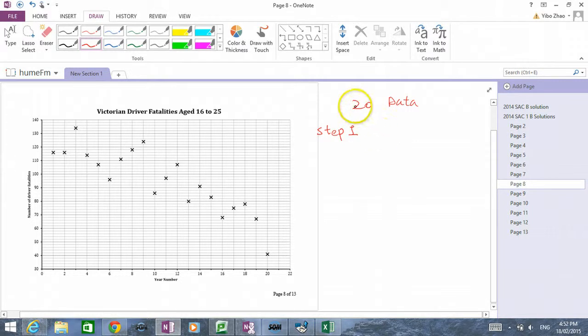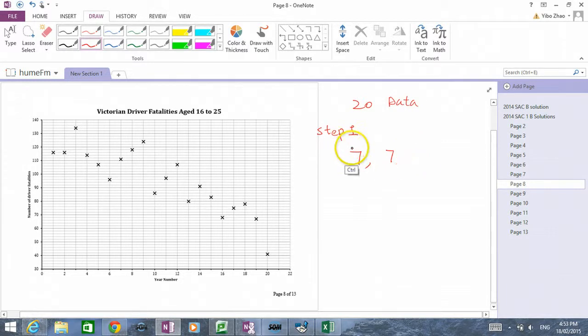Okay, so I try with my calculator: 20 divided by 3. If I round them up, I should have 7, 7, and 7.